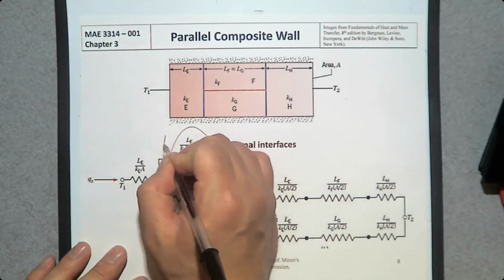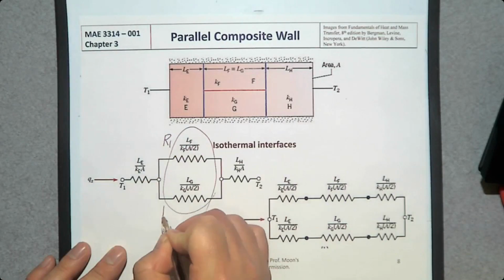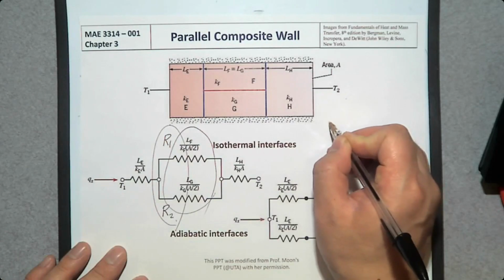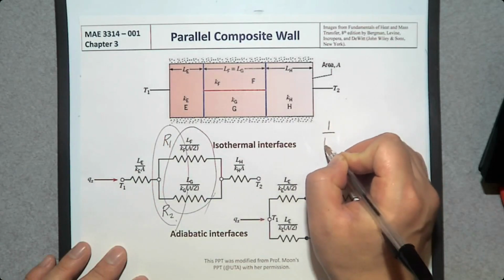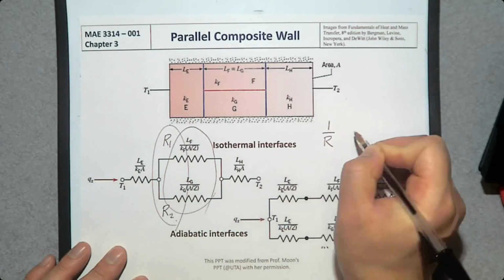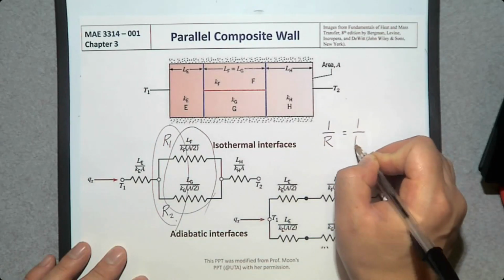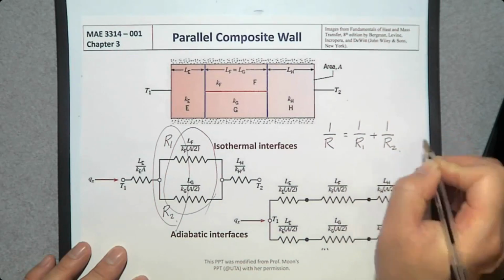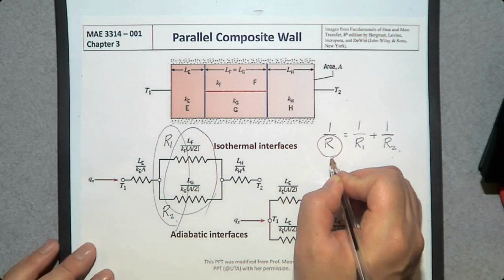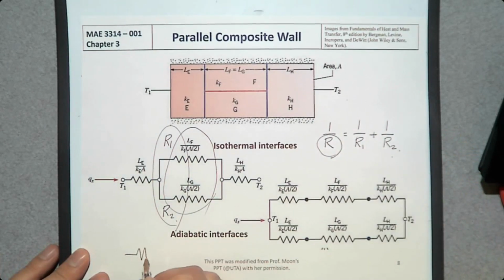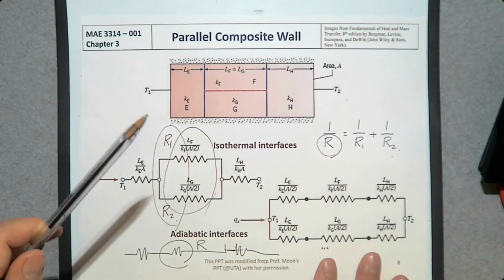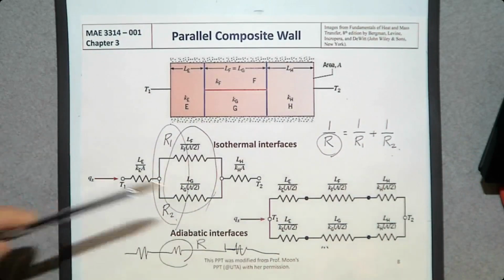So let's say this one is R1, this one is R2. You can combine them by using this: 1 over the combined resistance R is going to be 1 over R1 plus 1 over R2. Then you can use this R and say there are only 3 resistances. So you can use this R to represent R1 and R2 in parallel. Okay?